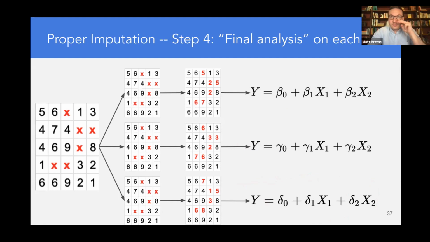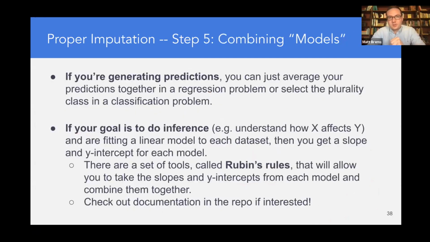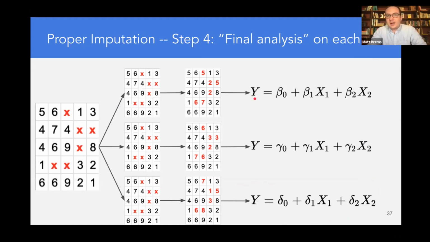Then what I need to do is I want to combine those models together. If I'm generating predictions, what I'm going to do is I'm just going to average those predictions together, or I'm going to pick the plurality class, the likeliest class. So if I go back here, let's say that I'm trying to predict this Y variable. And let's say once I've built these 3 models, I've got a new test observation.